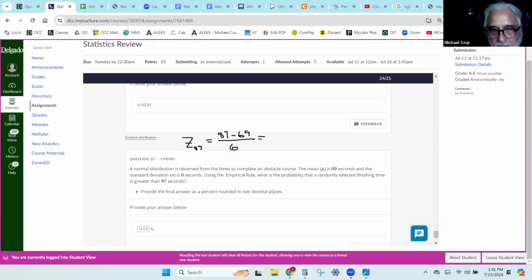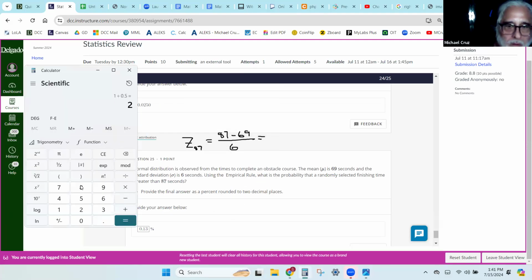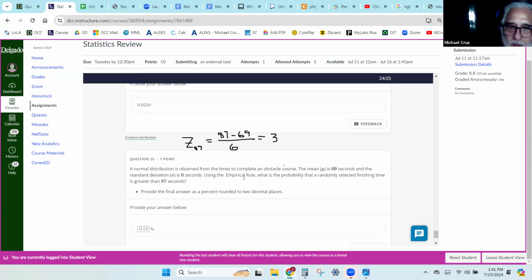All right. So what they want is, what is the probability that a randomly selected finishing time is greater than 87 seconds? Now, 87 seconds is 3 standard deviations.